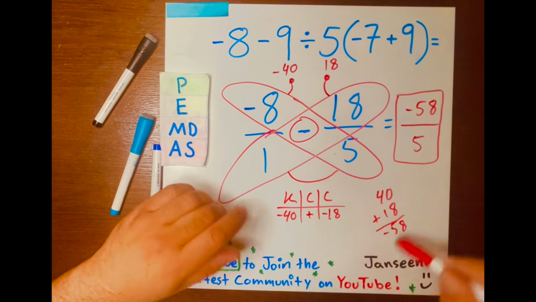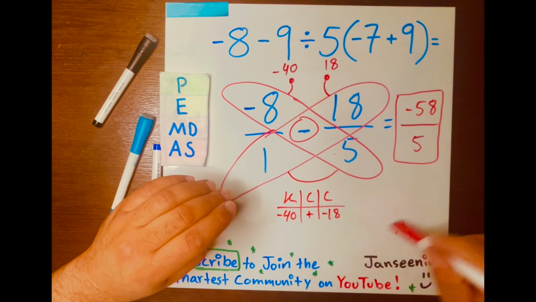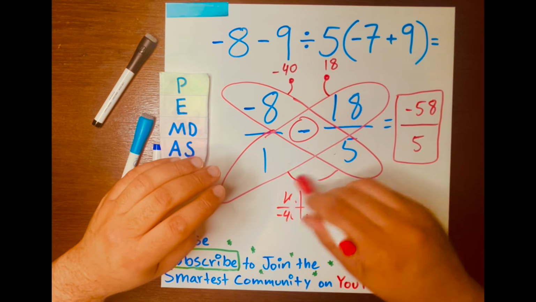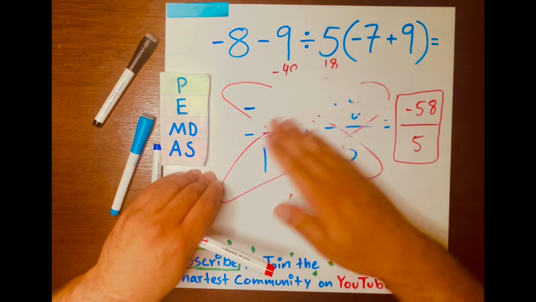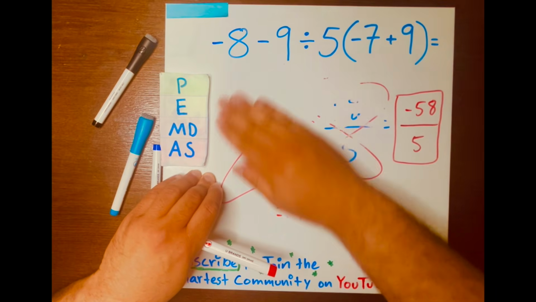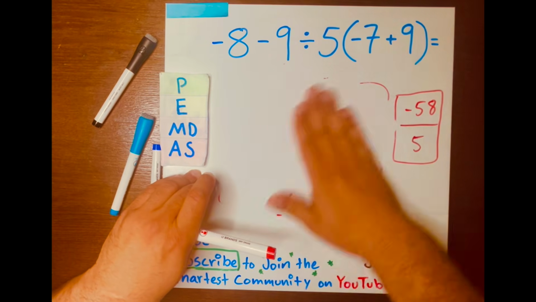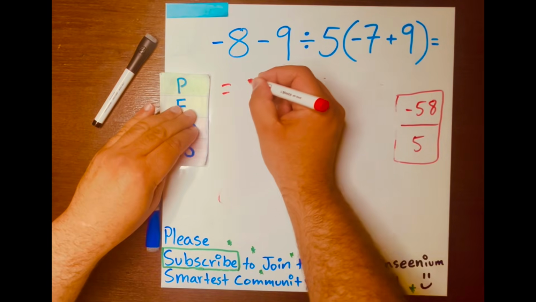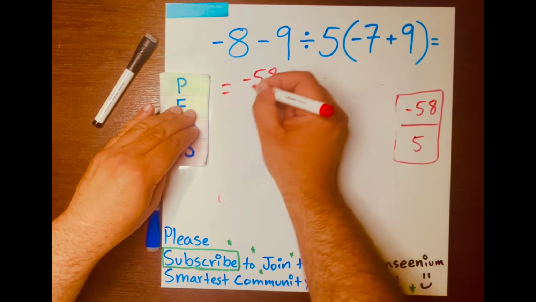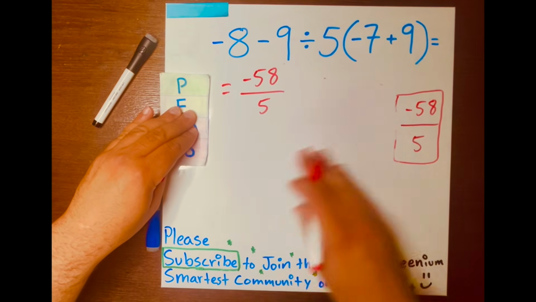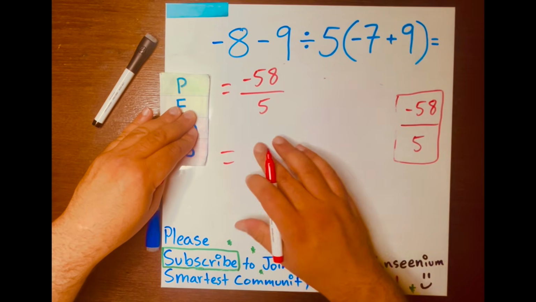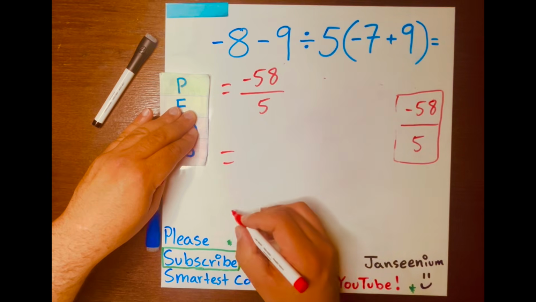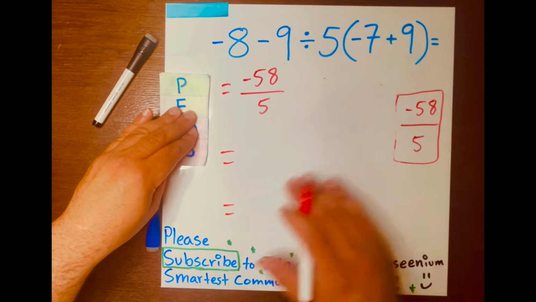So yes, we can get a mixed number answer using long division, and I'll use my hand to make things more quick. And I'll write the answer here, negative 58 over 5. And then I'll write the mixed number answer here and decimal answer here.